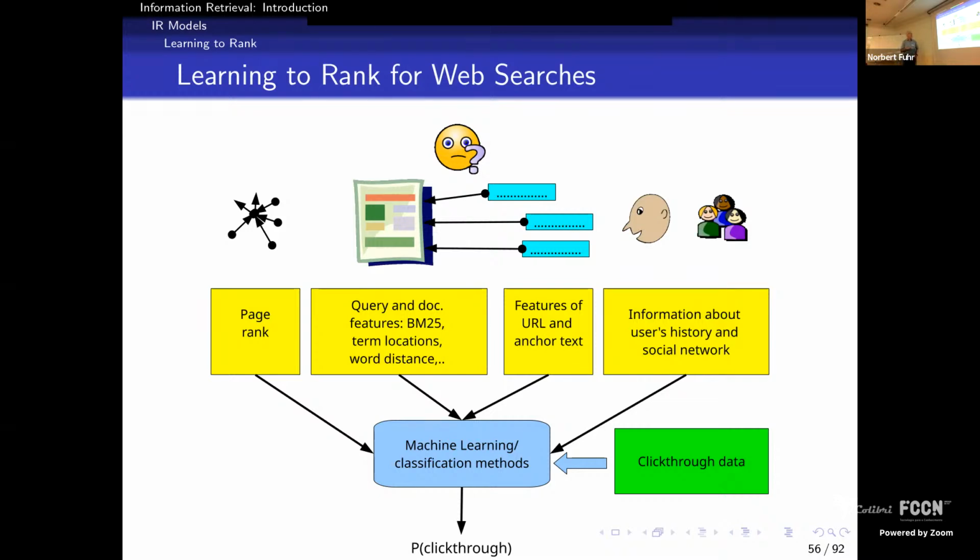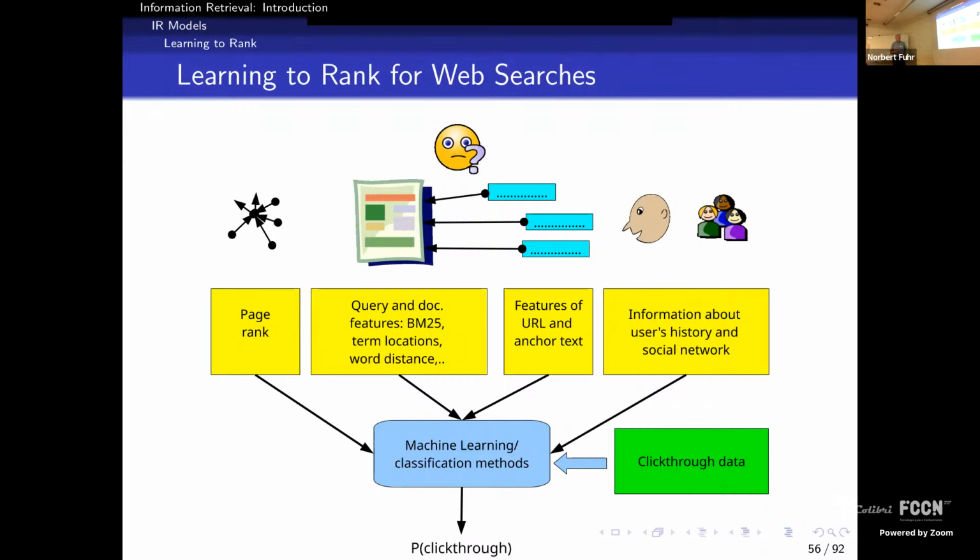And that's what we have, for example, now in web searches. That's what all web search engines do. They consider information about the document, like for example, page rank, or how often the document has been clicked on in the past. Then we have query and document features, for example, the term location: does the term occur in the title or body of the document. You can consider word distance and so on.